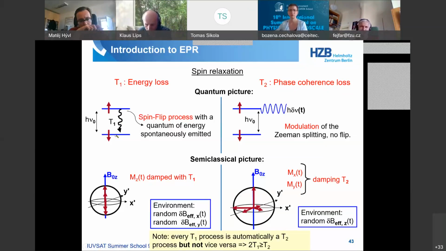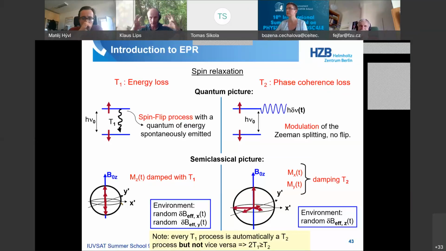But what is the driving force? This is a process that can only happen if there is a local magnetic field that hits exactly that resonance. So we need some local magnetic field, and that local magnetic field has to be in the XY prime direction. So it has to be perpendicular, and it must have the right frequency.